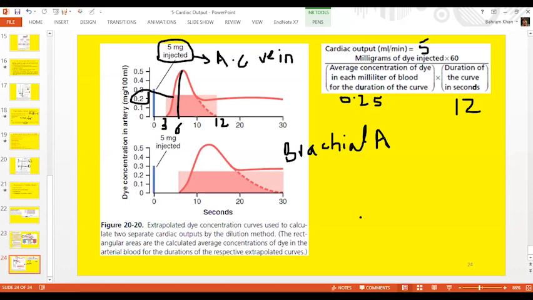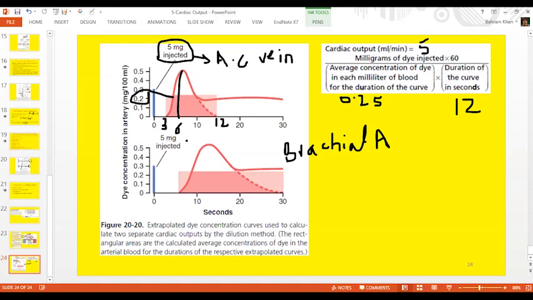arterial system. And then after a few seconds, we will take samples from the artery, usually the brachial artery, and we will determine the concentration of the dye in that sample. This is the principle. So we inject the dye into the vein, and then we measure the concentration of that dye by taking a sample from the artery, right?